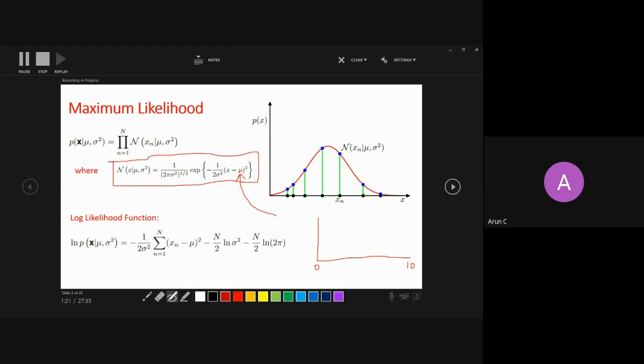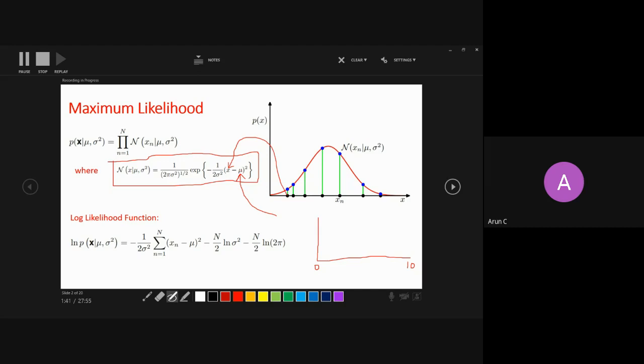If mean is a variable, right now I am treating every other thing as a constant. First you give this x to this formula and calculate, and you will get some form.